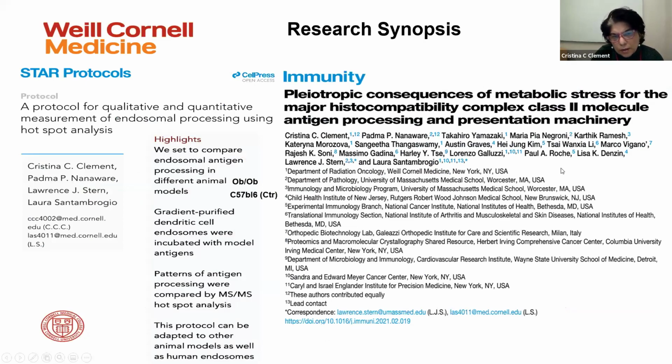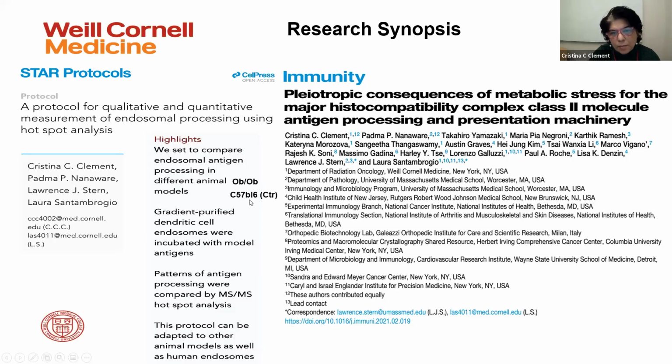We recently published this year two main key studies. First of all, we proved in an Immunity paper, which we share with Dr. Lawrence Stern's lab in terms of authorship, that post-translational modifications accumulated on both MHC class 2 and intracellularly on some key proteins like DM editing, and also the immunopeptidome presented by MHC class 2 from diabetic type mice, like OB mice, were quite different from those presented by MHC class 2 under steady state physiological conditions.